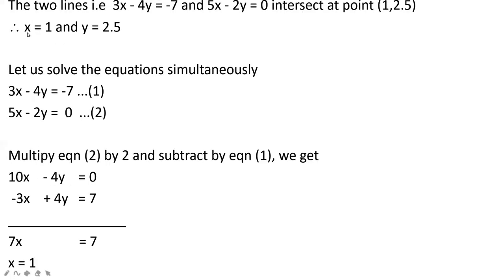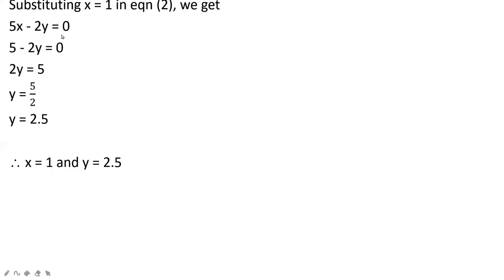So you can see using the graphical method we got the same answer, and using the simultaneous method also we are getting the same answer. So whichever method you are using, you will get the same answer as long as your calculations are correct. If your calculations are wrong, then you will get the wrong answer. So this is how you are supposed to solve the graphical method. In the exam, they will tell you in the question that you have to solve the equation using the graphical method or whichever method.